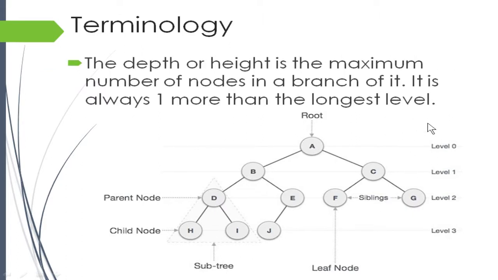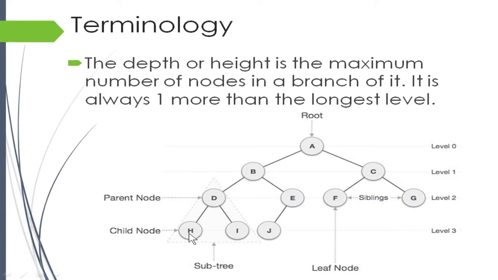Depth or height is the maximum number of nodes in a branch. It is always one more than the longest level. You already know how to count the level. Height or depth is counted like that, but it will always be one more than the level, because you have to start from 1. Take the longest one, the height of the tree: 1, 2, 3, 4.